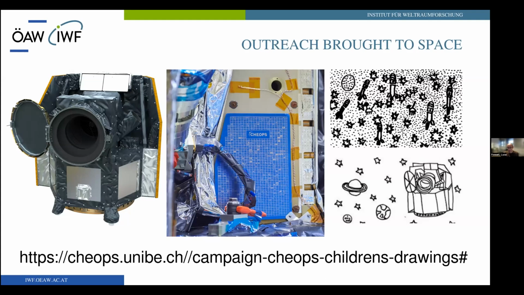ESA received very many of those, and a few thousand of them were selected by a committee and engraved onto two plates, and you can see one of them here. These two plates lie on the sides of the baffle of the telescope. This is the telescope baffle, and this is the structure that holds the baffle.